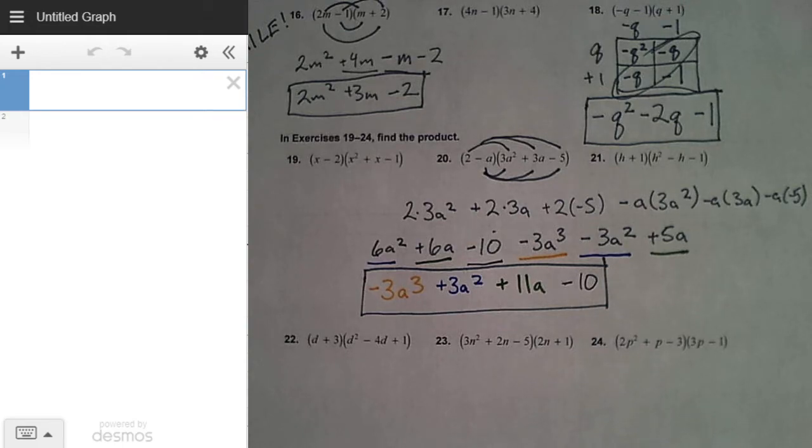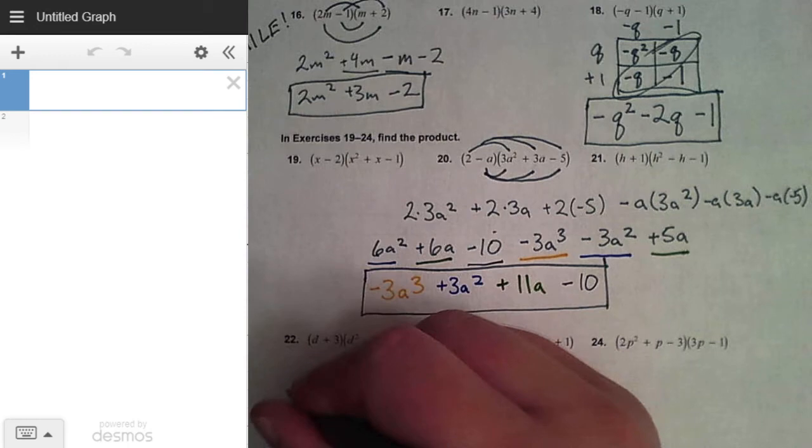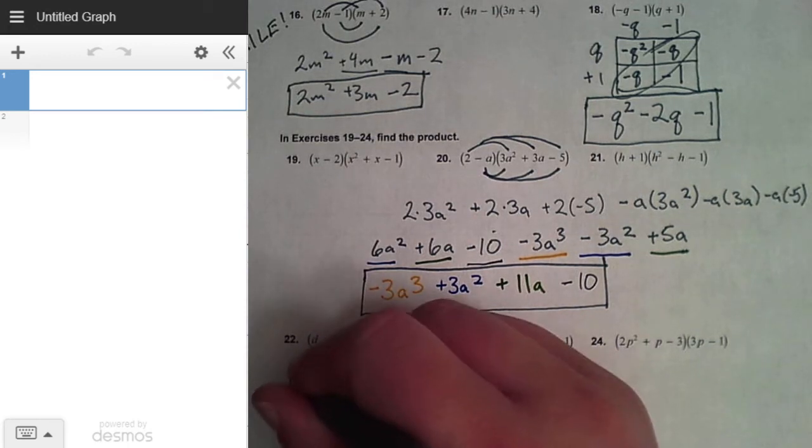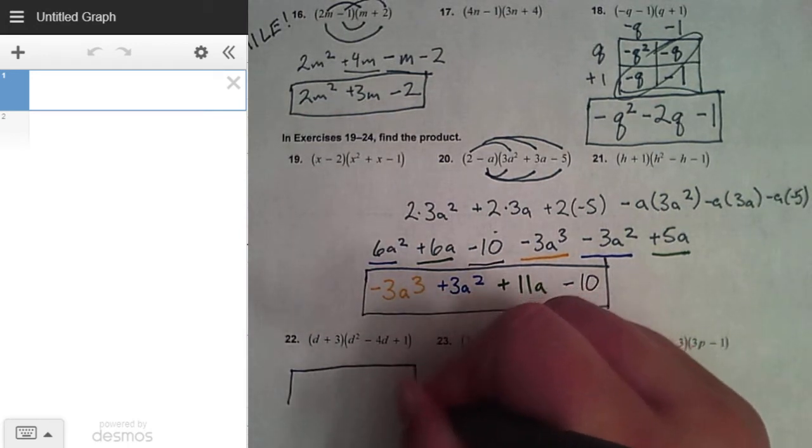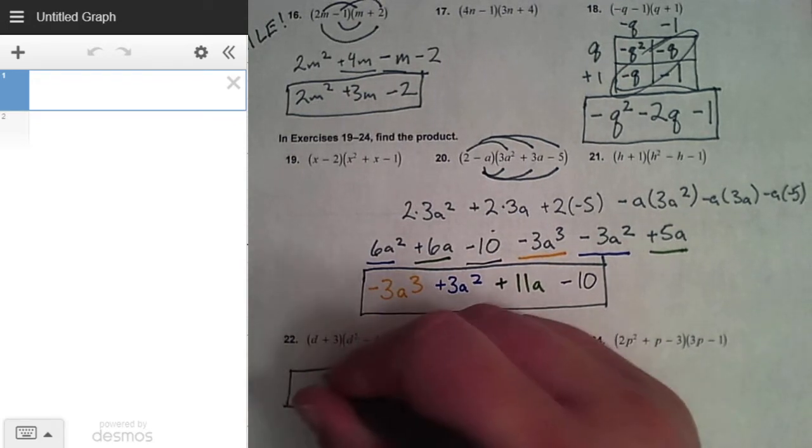Now we have 22 that we're going to try doing the box method on. So you could go 2 high and 3 wide, or you could go 2 wide and 3 tall. It does not matter. I prefer to stretch it out this way just because of space on the page.